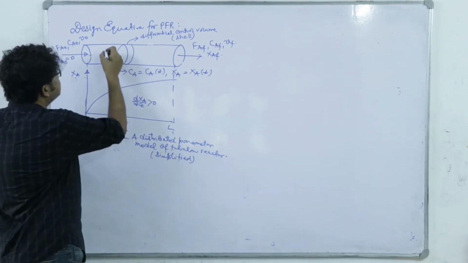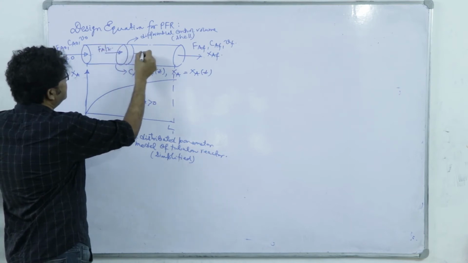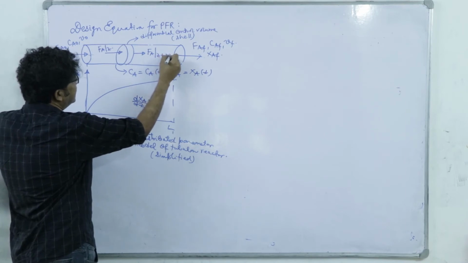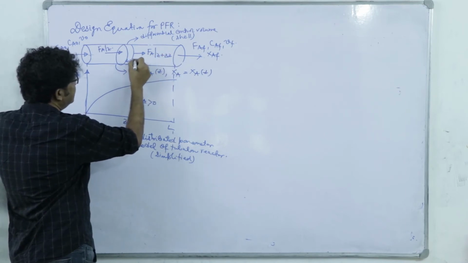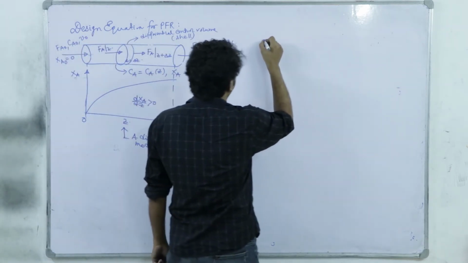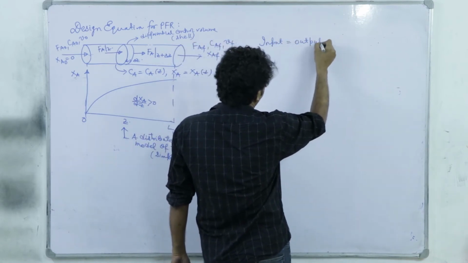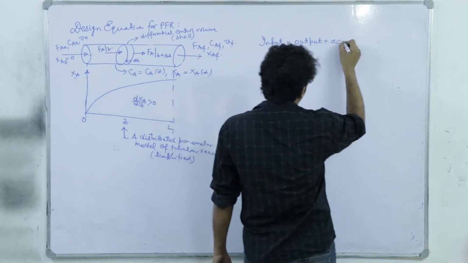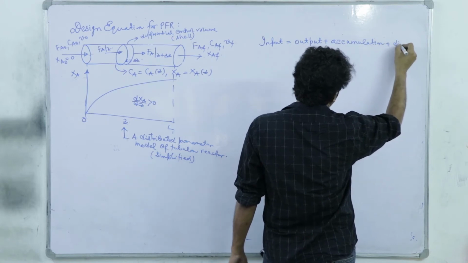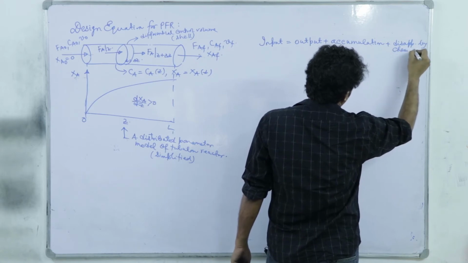Here we have Fa at Z, and here we have Fa at Z plus delta Z. Let's say the thickness is delta Z. We write the same equation even for the differential control volume, that is, input is equal to output plus accumulation plus disappearance by chemical reaction.